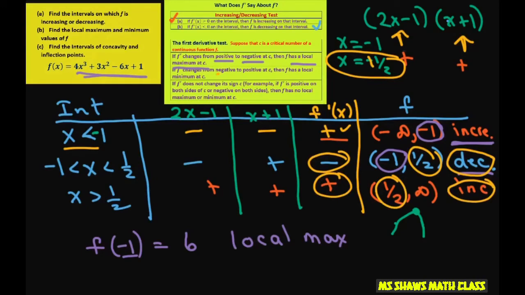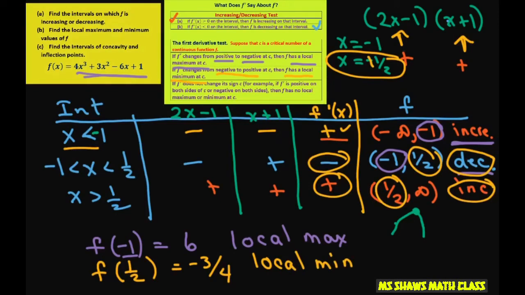Since it's going from negative to positive, that means we have a local minimum at 1/2. So f of 1/2, which happens to be negative 3/4, that's going to be a local minimum. So that's going from a decreasing curve to increasing. That's why it's a local minimum.